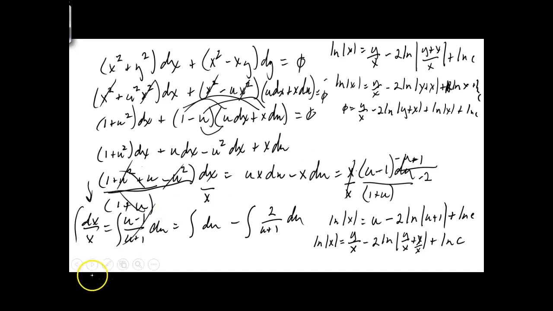Now what I'm going to do here, I hope you don't find this too distracting. I'm going to isolate the y over x. That's what they do in the book, because all the other terms have logs in them. But of course that's going to move them to the other side. So that's going to be y over x is equal to, that makes this positive, 2 log y plus x minus log x minus log c.